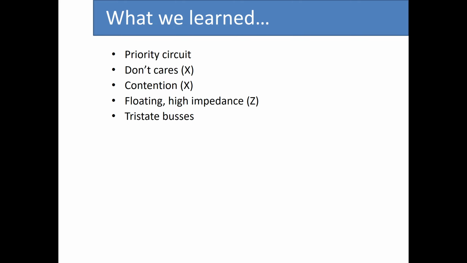Based on that, I introduced the concept of don't care values in the truth tables, which were usually represented by x's. I said that there are other cases where we use the symbol x, and that is as a result of contention, where there are some outputs in your circuit that can be driven to both zeros and ones. And then finally, we saw the floating high impedance Z symbol and how it can be used, and then tri-state buses that are very useful in practice.